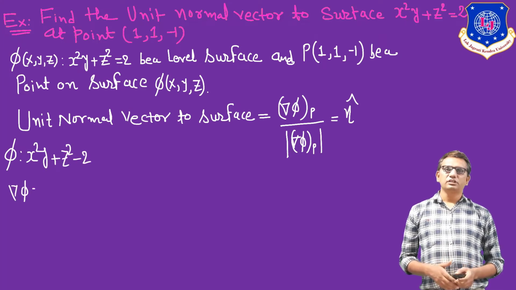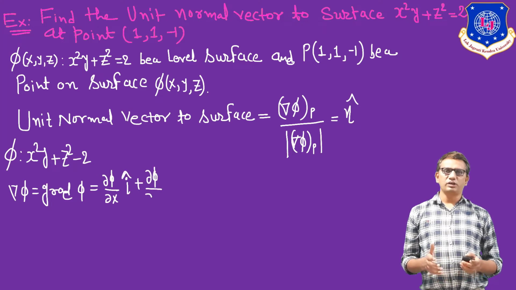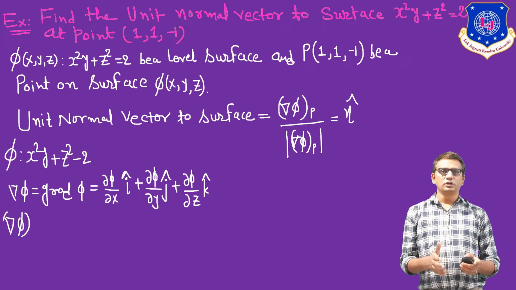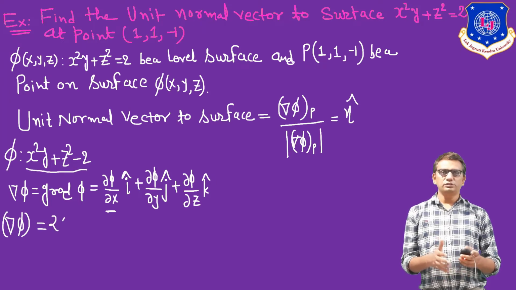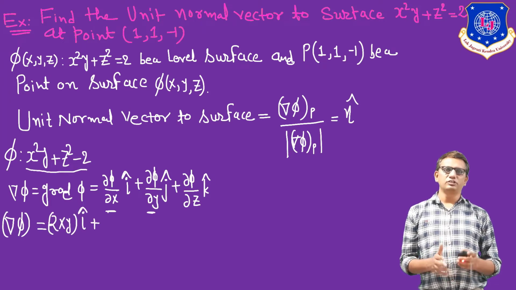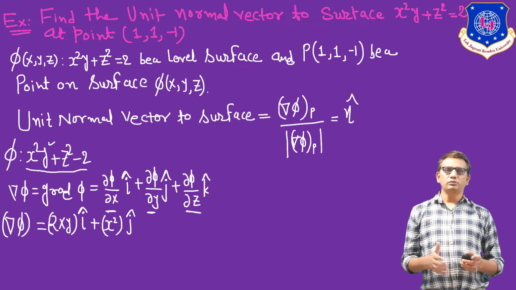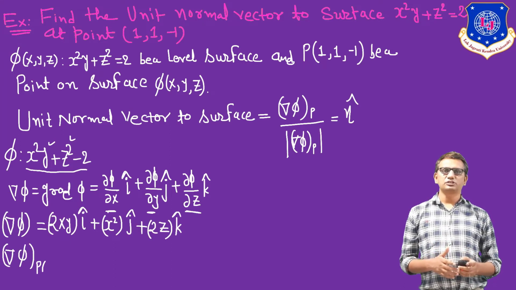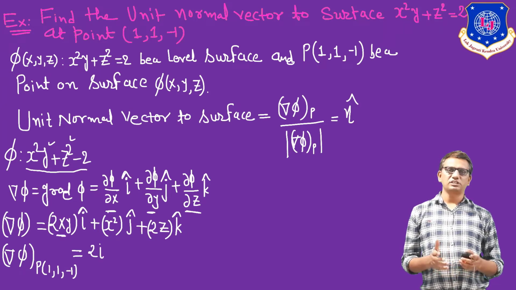That is the partial derivative of phi with respect to x into i caret plus the partial derivative of phi with respect to y into j caret plus the partial derivative of phi with respect to z into k caret. Now 2xy i caret plus x square j caret plus 2z k caret is our partial derivative.